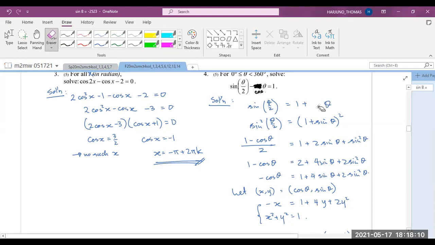So if I move it to the other side, that will be cosine here, and then this will be cosine, this will be cosine. Multiplied by 2, this will be cosine. Okay, at least that's how far we go.